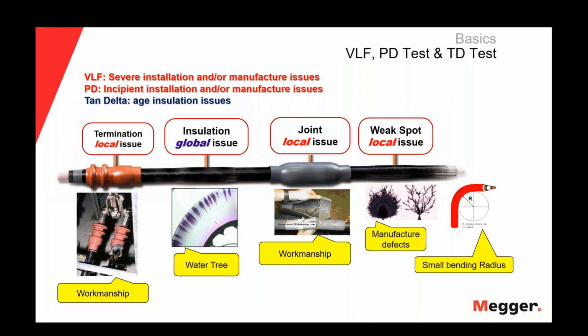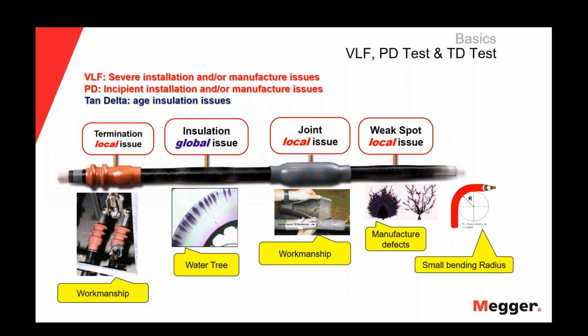For instance, if I am dealing with severe installation and/or manufacture issues, I can use the VLF. The VLF will convert into a fault all the severe installation and/or manufacture problems. But if I am looking for incipient installation or manufacture problems, then I need to use the partial discharge diagnostic.